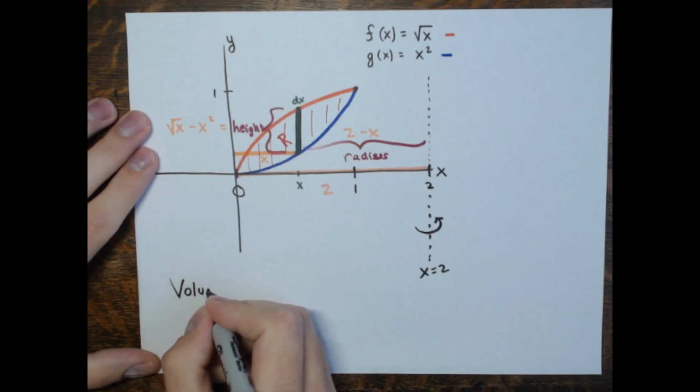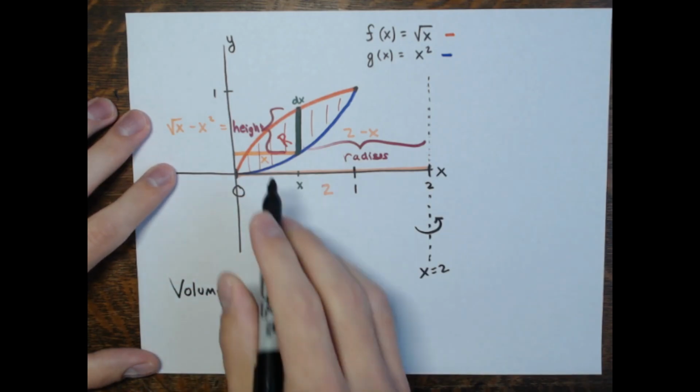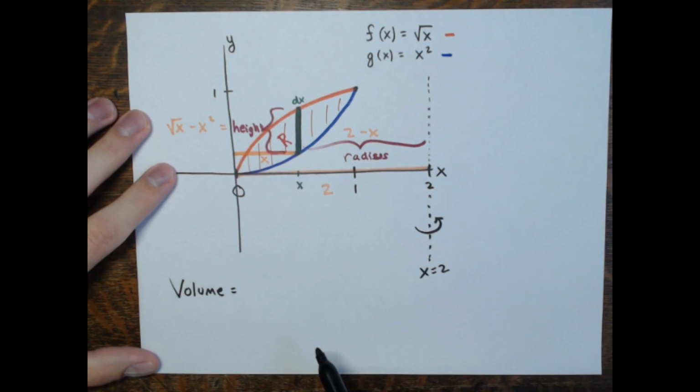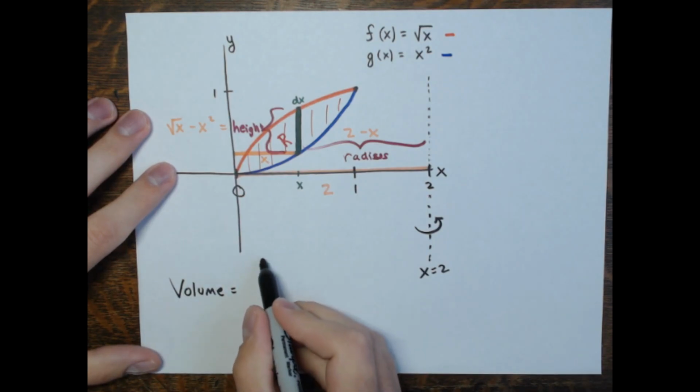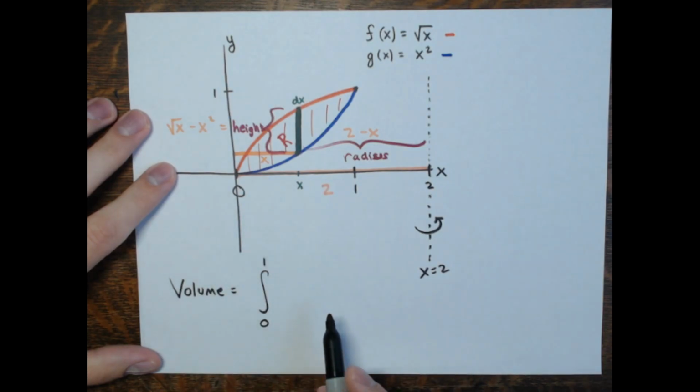All right, so the total volume of our three-dimensional figure would be the integral from 0 to 1 of the volumes of these shells.